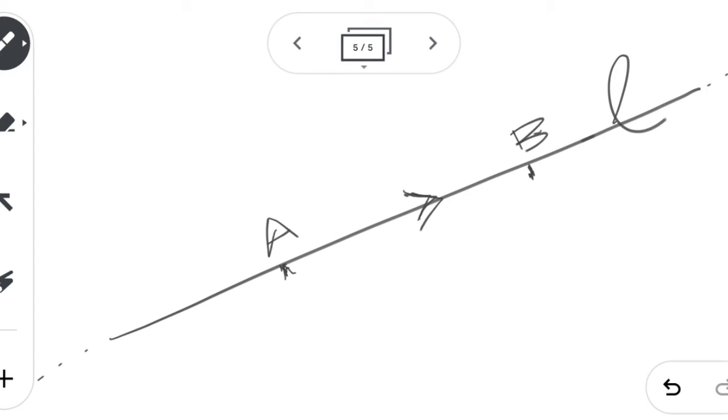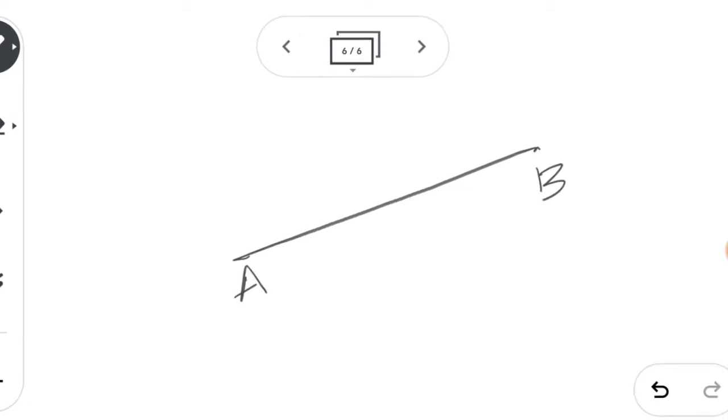Then what is meant by a directed line segment? A line segment having a direction. We can give two directions. Now we have a line segment AB. It has a magnitude; its length is the magnitude. If we give one direction to this line segment AB, from A to B, it is a vector.